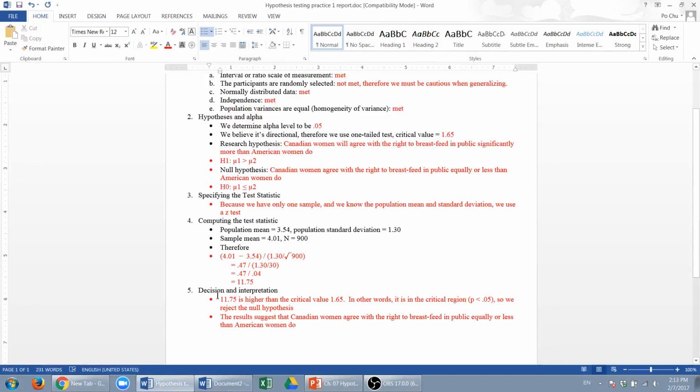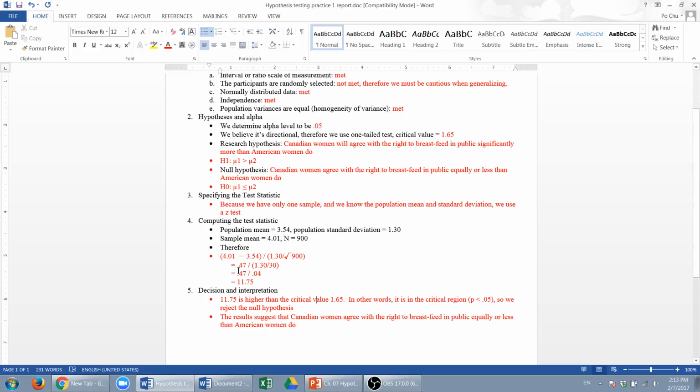So in parentheses, 4.01 minus 3.54, the sample mean minus the population mean, then divided by, in parentheses, 1.3, which was the population standard deviation, divided by the square root of 900, which is the sample size.